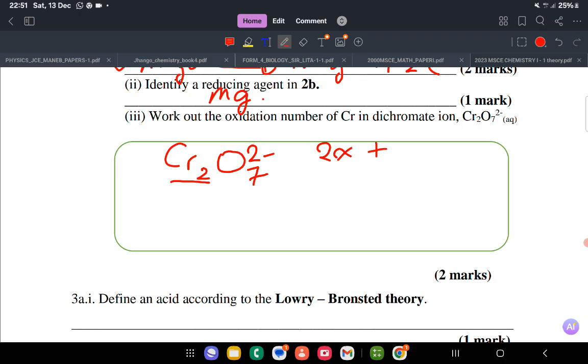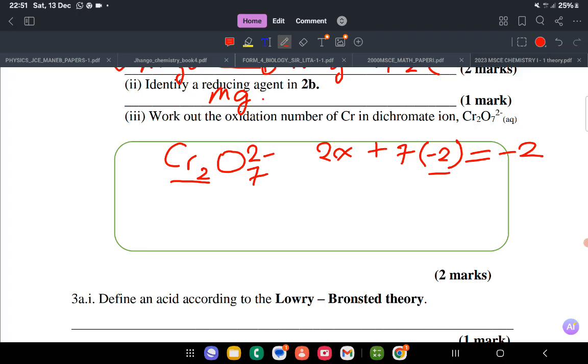But there are 7 oxygen atoms. Therefore, we shall have 7 multiplied by minus 2, and this must be equal to minus 2. Ask me where I've taken the minus 2 from.